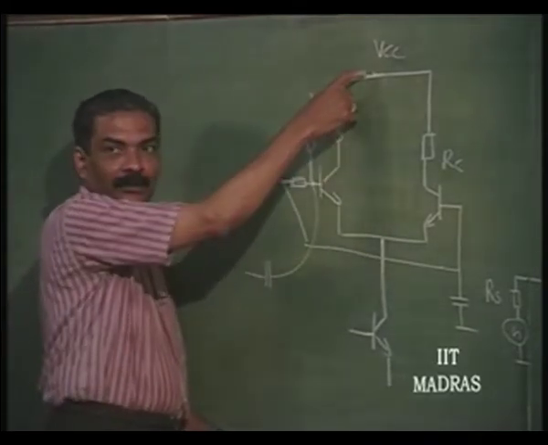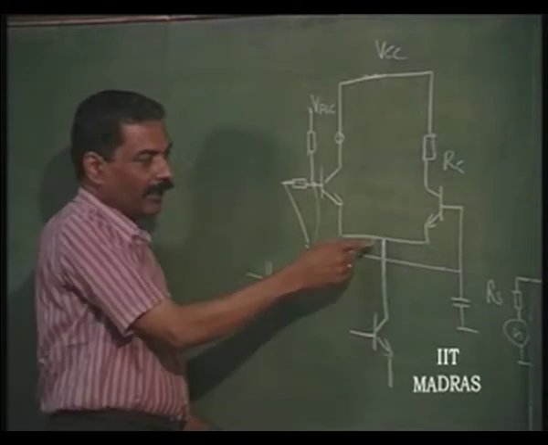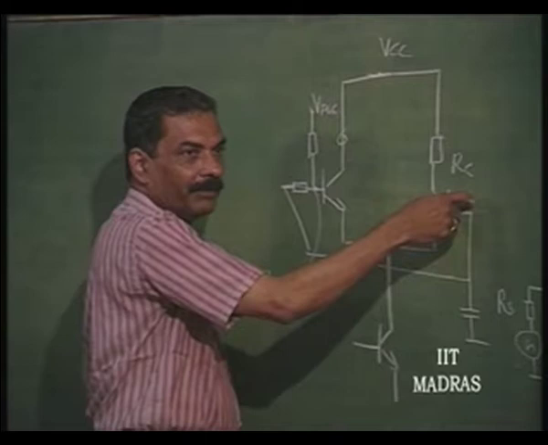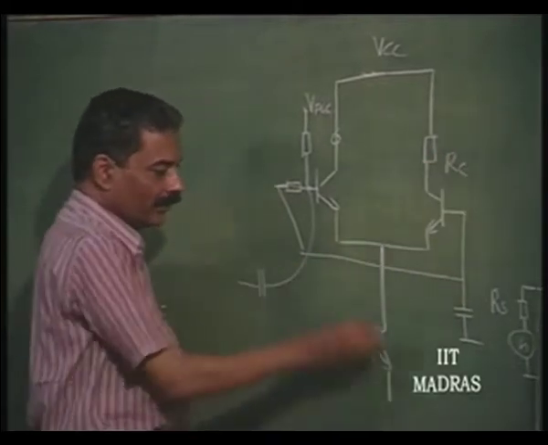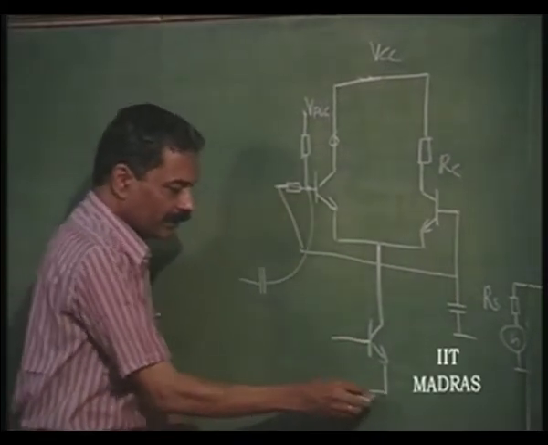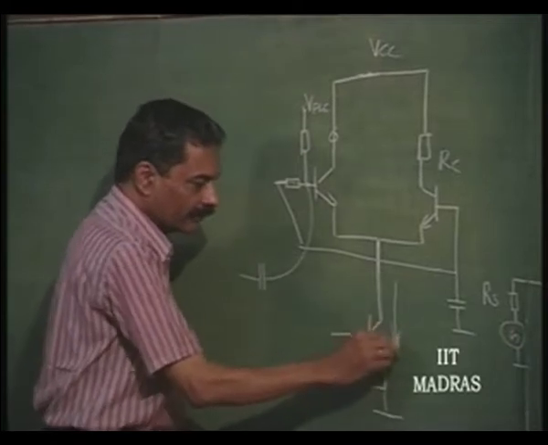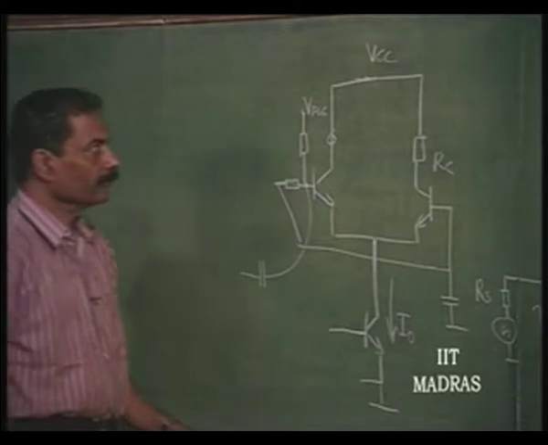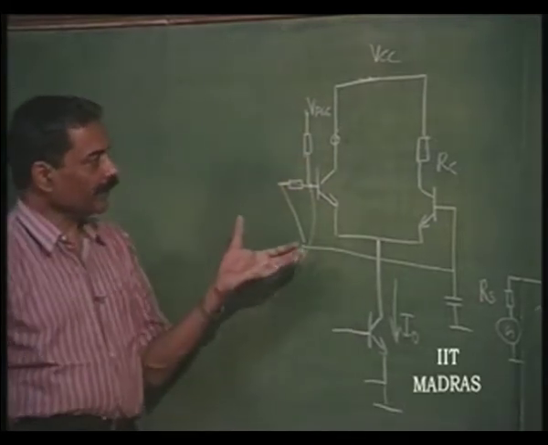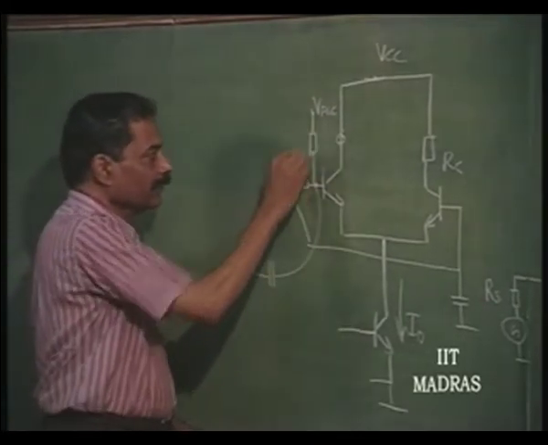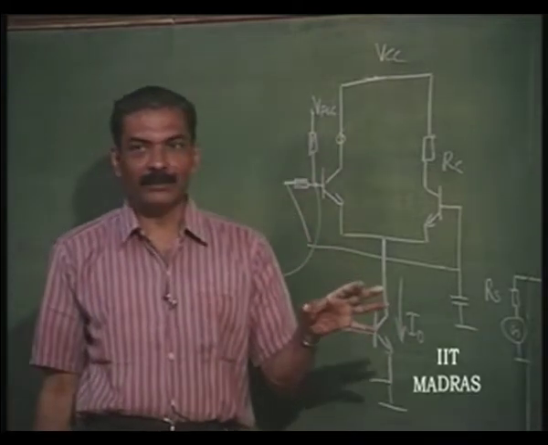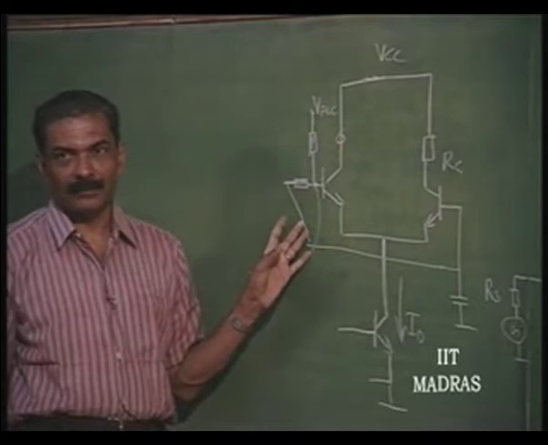Collector is connected to supply and half the voltage will appear here, and this will act as a common base. So this is going to be strictly used as a current source. So the same structure that we had discussed earlier can be used as a common collector with common base, not as a cascode, in the following manner.